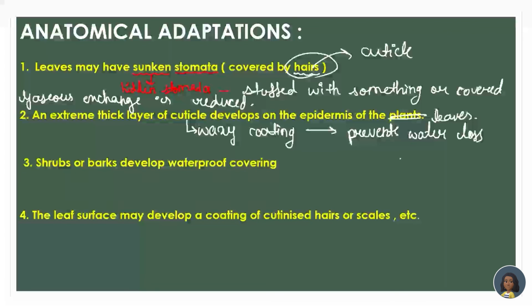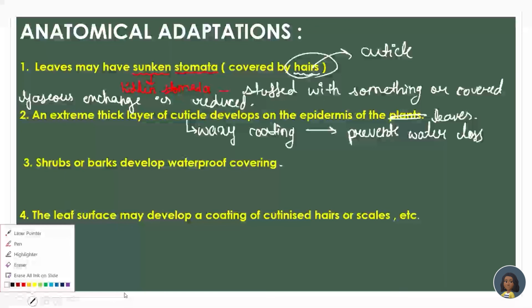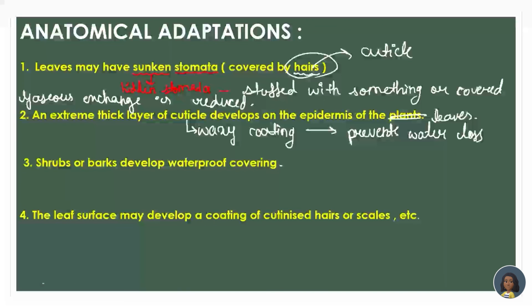Third point is shrubs or barks develop a waterproof coating. Now, shrubs or barks basically contain lenticels. These two structures are the ones which contain lenticels. Lenticels are present on the bark of the trees.